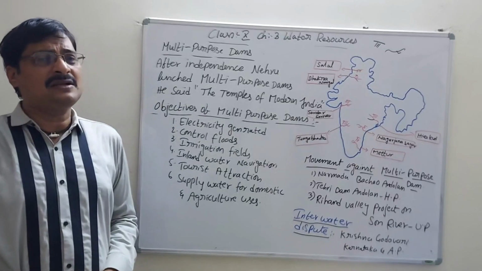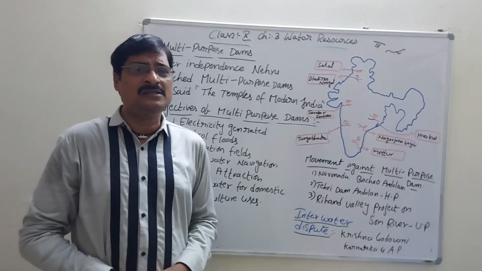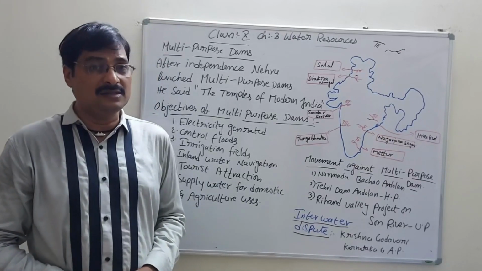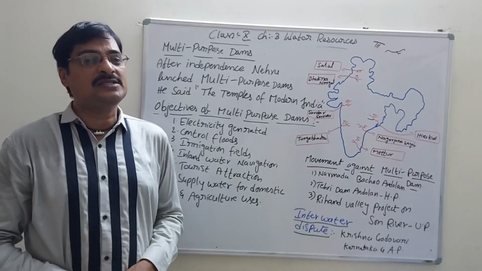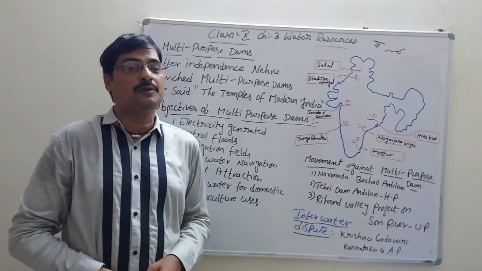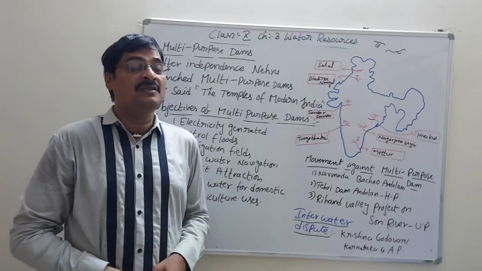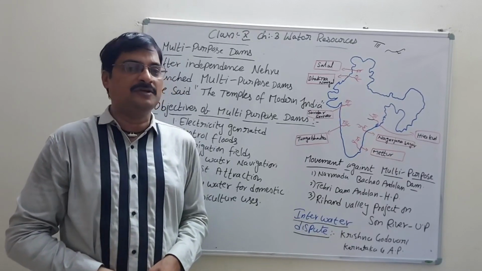Yes, dams are not constructed in just one, two or three months. It takes at least two to three years. At the very least, it takes three years to construct a dam. At the time of construction, they have to stop the river water.